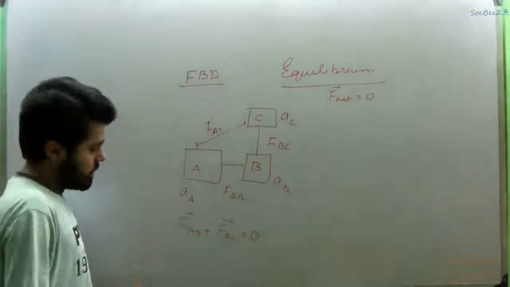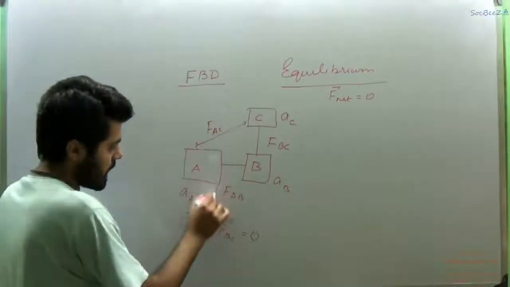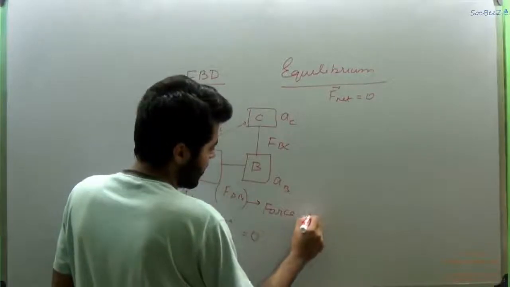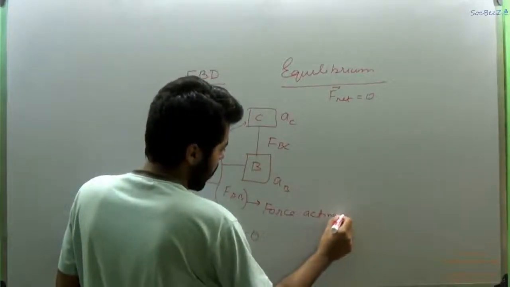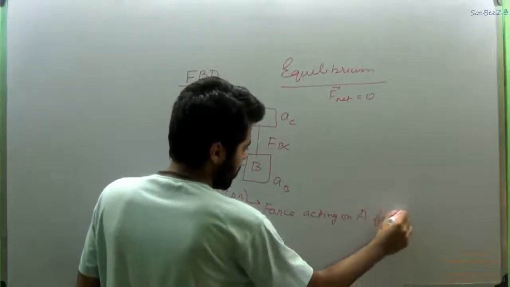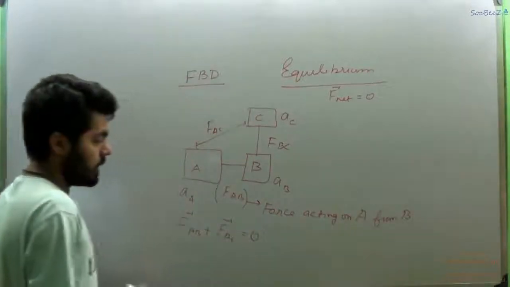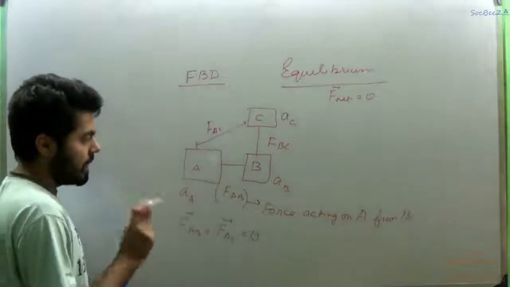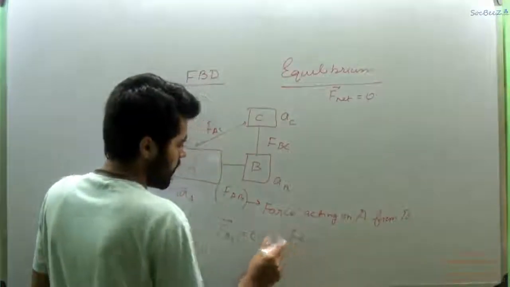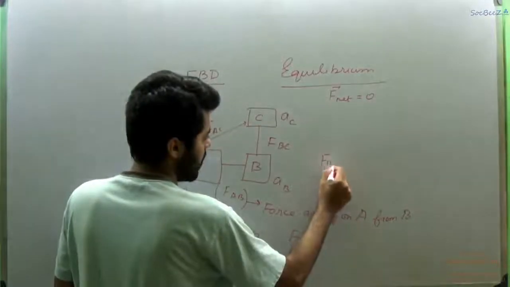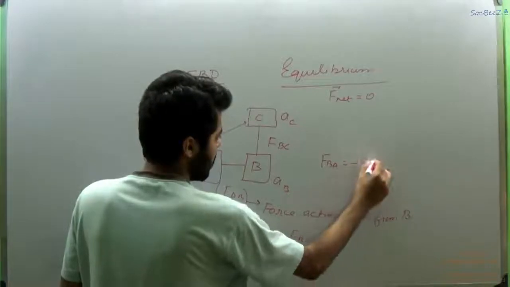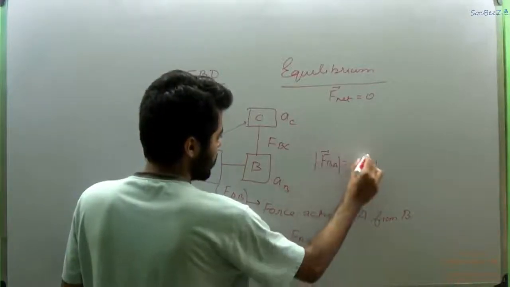Now the important point to note here is that this force AB is the force acting on A from B. Then from Newton's third law, there will definitely be a force BA, and force BA will be equal to minus force AB, and magnitude wise both will be the same.